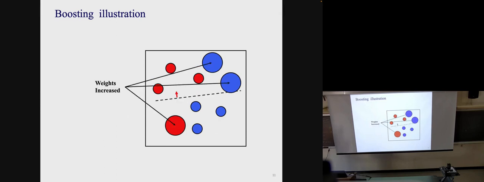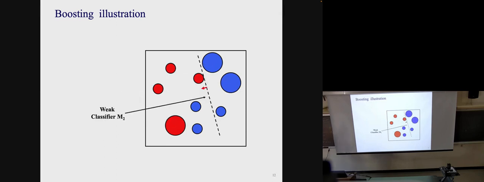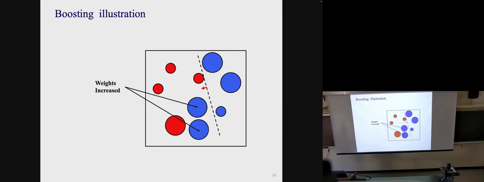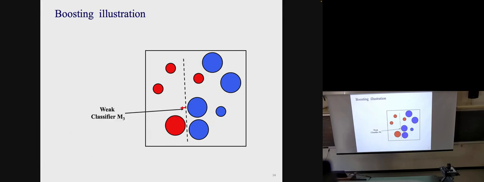And you see now how, after we increase the weights and retrain, the boundary changes. Now it still makes 2 mistakes here, one here, but at least it's not the big ones that are highly weighted. Now we increase these weights because it made 2 mistakes. Those 2 mistakes, we also increase the weights for those 2, and we keep doing this. And now we found this boundary.